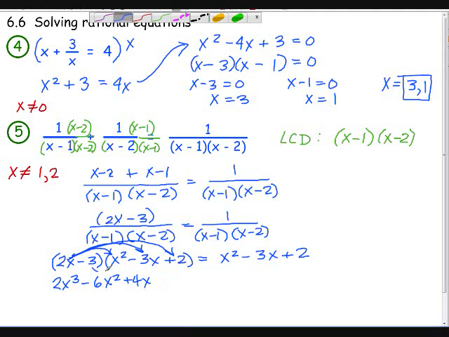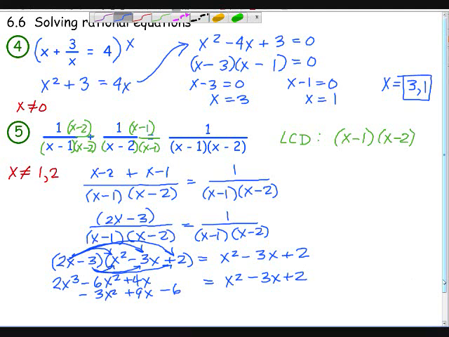Now I'm going to do the rest of it with the negative 3. So I multiply everything in that trinomial by negative 3, and I get a negative 3x squared, a positive 9x, and a negative 6, all equal to x squared minus 3x plus 2.